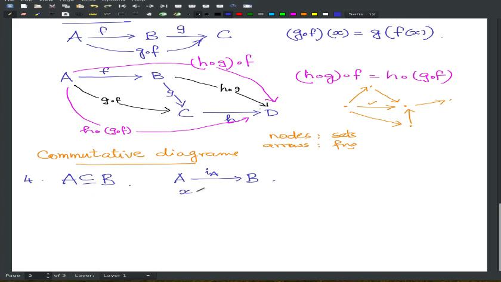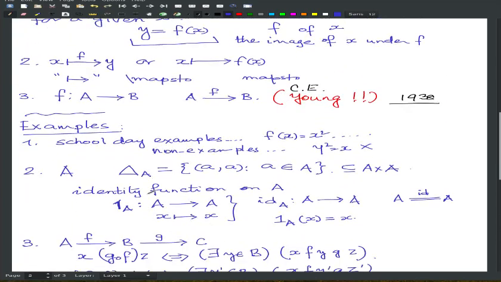Its rule is the same as the identity map. So i_A of x is actually x, so the rule agrees with the identity map, but this is not the identity map, because the identity map has both its domain and codomain the same.